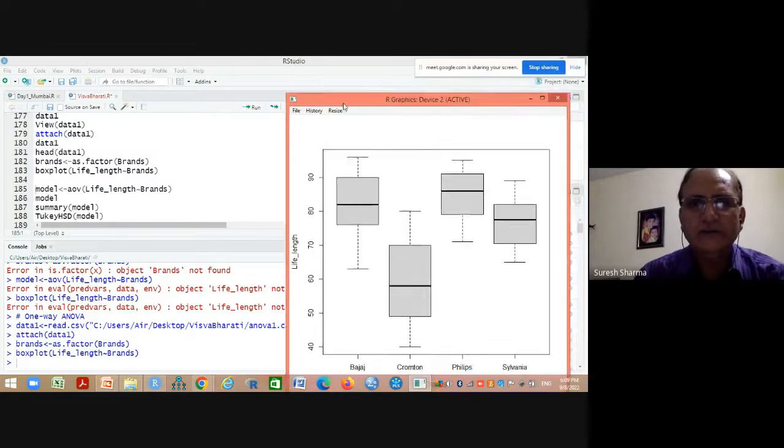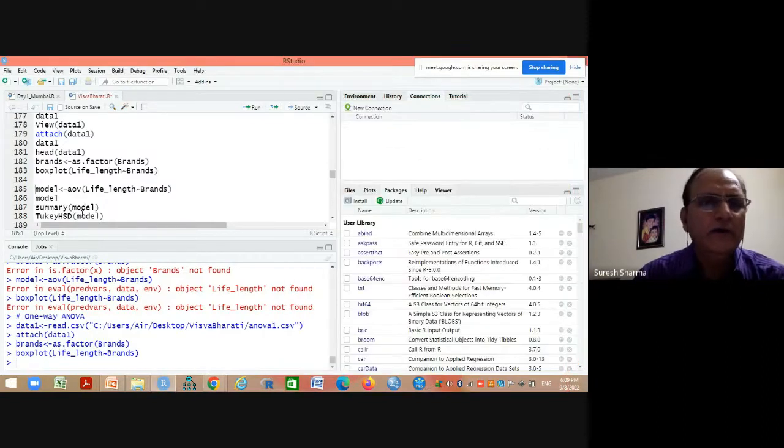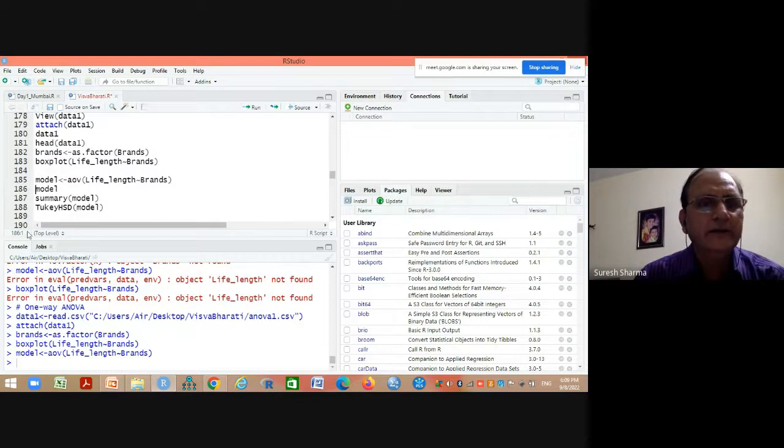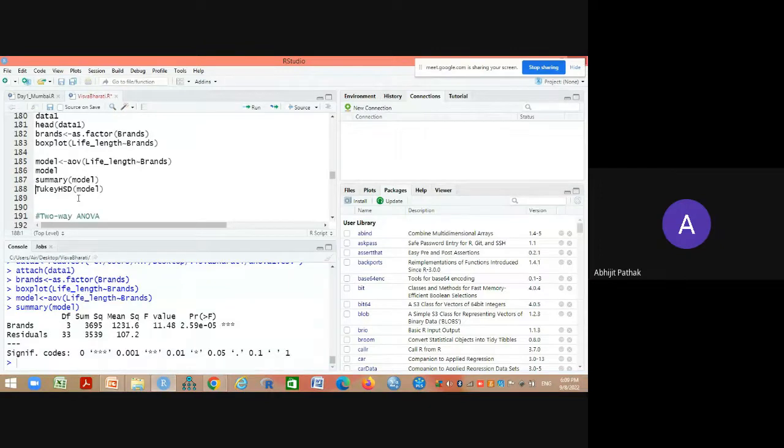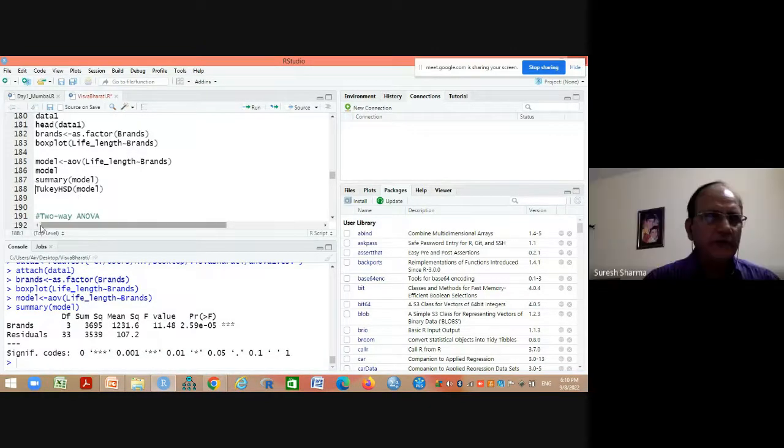The answer to this is given by one-way ANOVA. So I'll apply the model. Run this. It has been run, so just look at the summary of the model. You will get that table. This is the between-brands variation. How many brands were there? Four. So the degree of freedom for brand is 3.